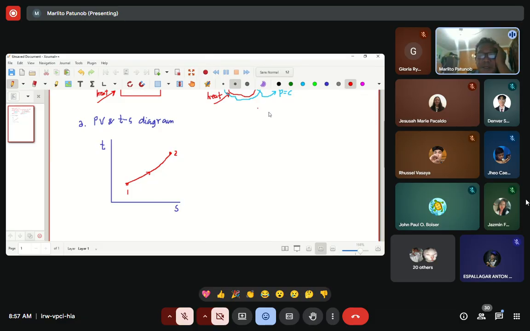And if you try to take note, this one is the constant pressure process. Okay. If you want to note the other way around, the isobaric is here.